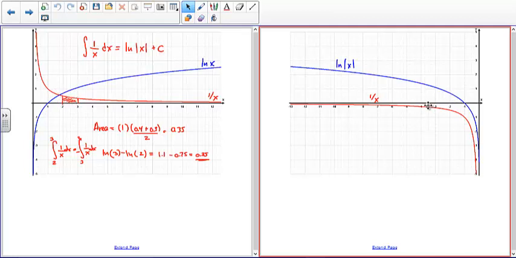So when we integrate similarly in the domain from 0 to negative infinity, from one value of x to another value of x, because it's below the x-axis, we should get a negative area, which we do.